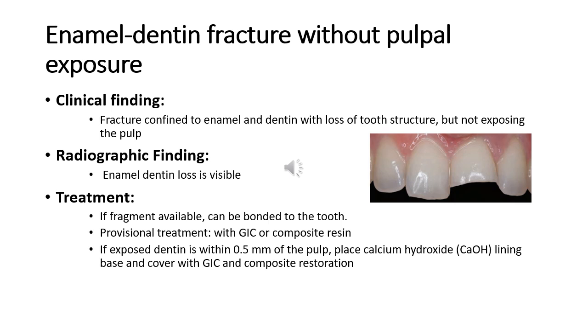In clinical features, the tooth is usually not tender on percussion, and if at all tenderness is observed, then the tooth must be evaluated for luxation or root fracture injury. There is normal mobility, and the pulp sensitivity test is usually positive. On radiographic findings, we will of course find the enamel dentin loss visible in radiographs.